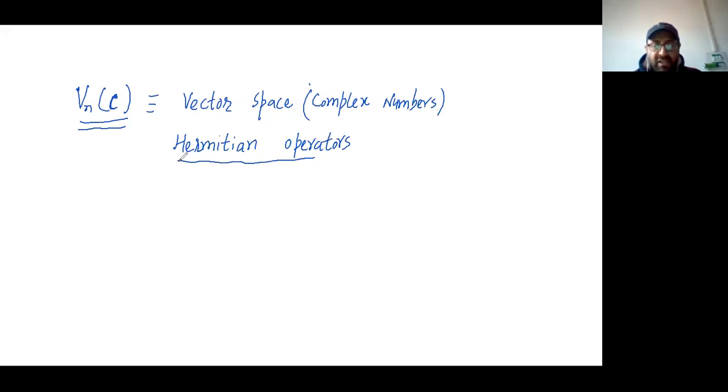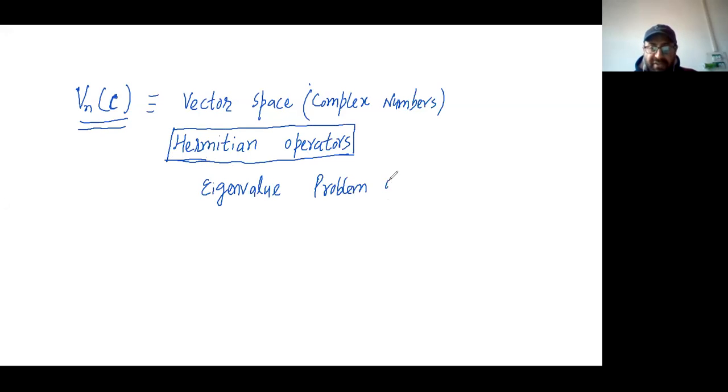The so-called observables in quantum mechanics are represented by Hermitian operators. Therefore, I am interested in solving the eigenvalue problem not only for general operators, but for Hermitian operators. That is the kind of problem we are interested in.